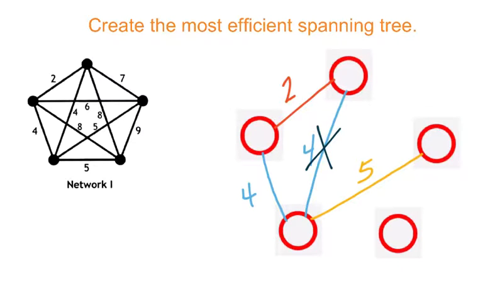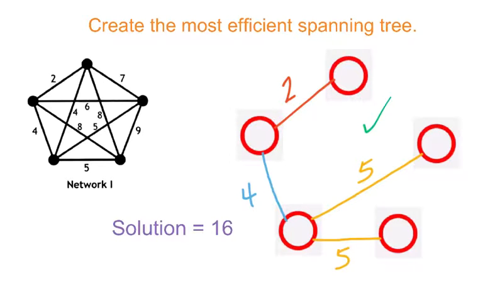The next smallest number is 5, and then another 5. And so because of this right here, we can't use this number 4. We've got to take it out of there. And here is the minimal spanning tree for this network. And the solution is 16. 4 plus 5 plus 5 plus 2, 16.